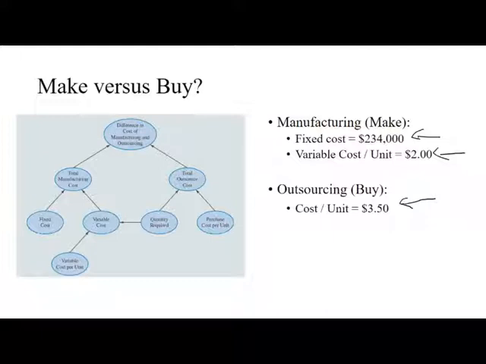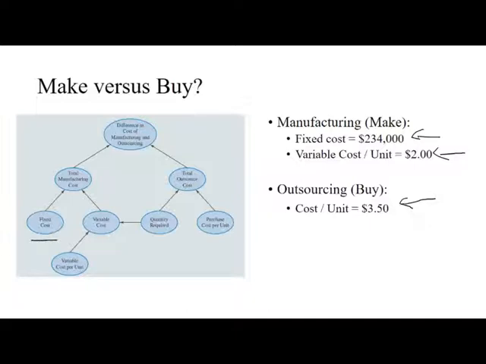On the left, we have an influence diagram. Influence diagrams show how data and variables influence other variables in a model. And so they're very useful for constructing a spreadsheet model. On the left side of the influence diagram, we have basically the structure required to calculate manufacturing costs. So there's a fixed cost.